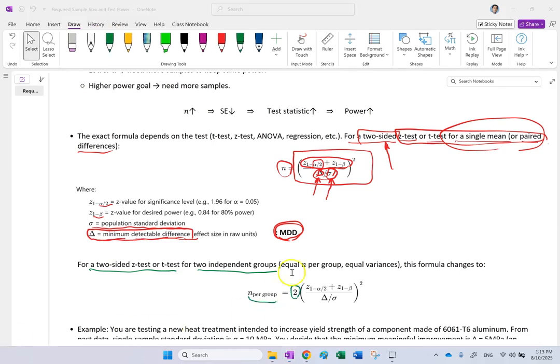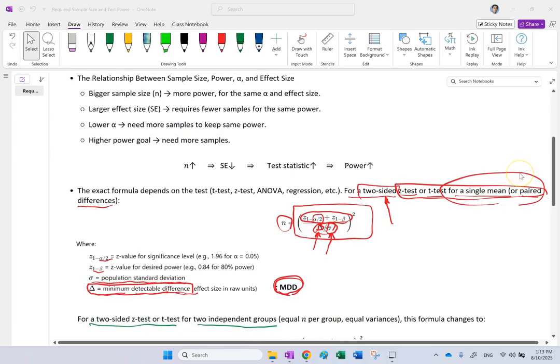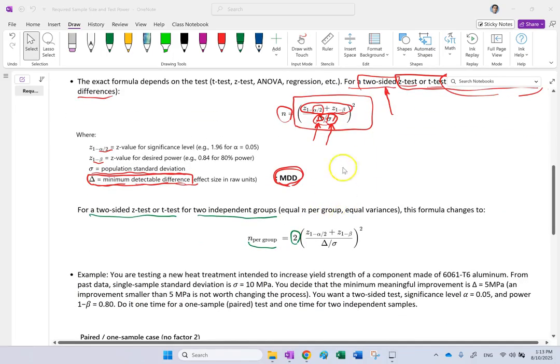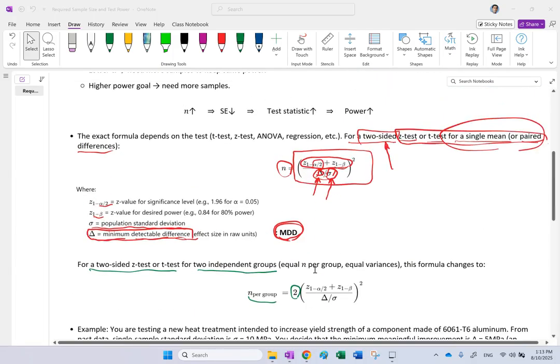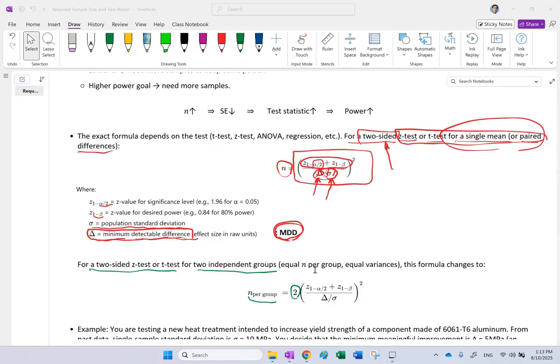And you might say, where is the proof for these formulas? The goal here is to show you how to apply these formulas, not how to prove them. If you want, I can add some references in the description of the video and tell you where to find these formulas and the proof for them. So here my goal is just to show you how to find the required sample size.